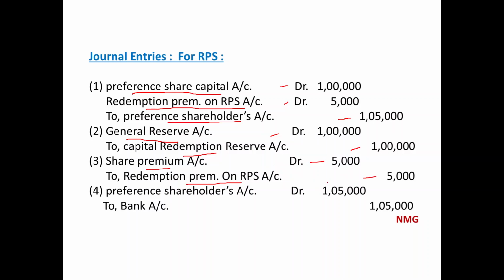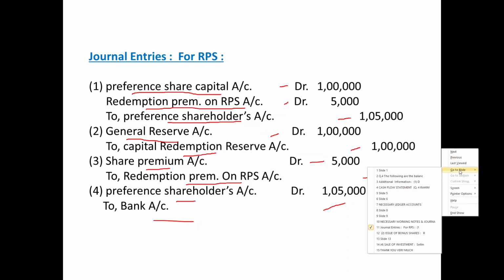Provisions have been fulfilled. Now payment can be made, and the last journal entry for the payment, preference shareholders account debited to bank account credited 1,05,000. These were the journal entries for the redemption of RPS.